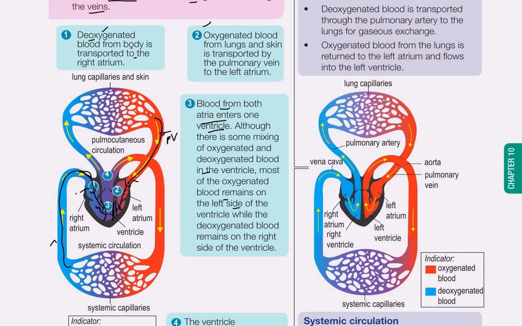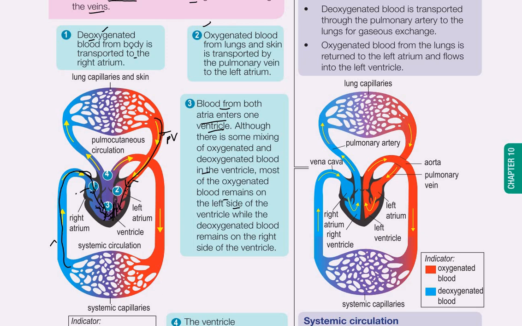They will mix together just a bit here in the middle. That's why the color is a bit purple here. But the left side usually has oxygenated blood, and the right side usually has deoxygenated blood.